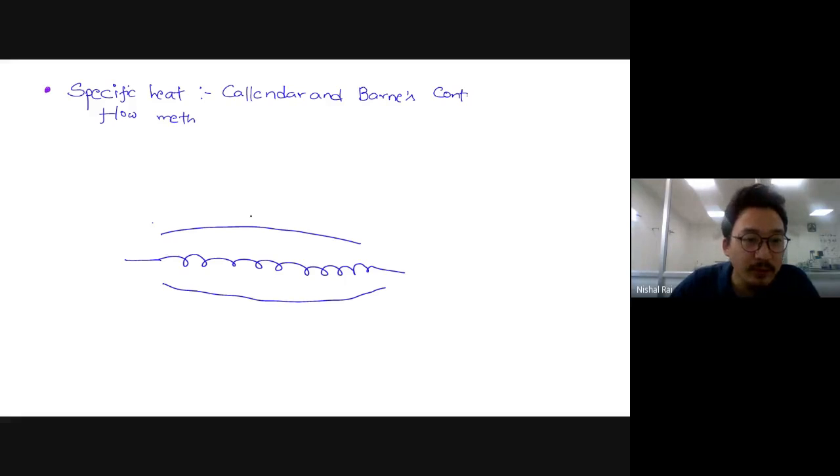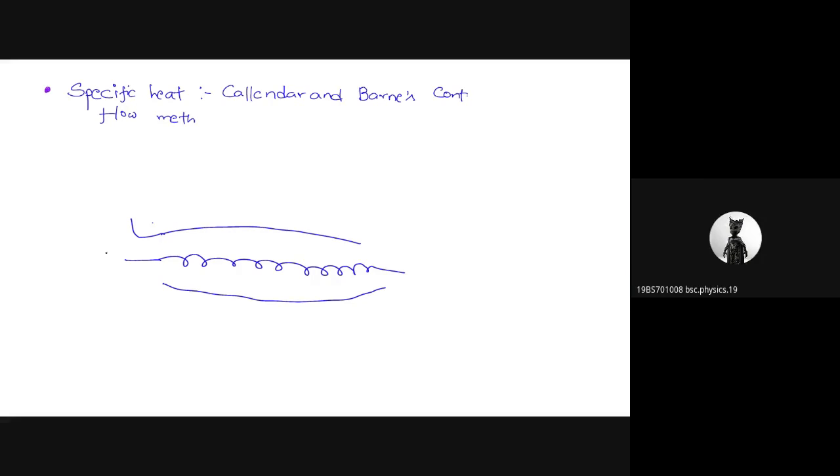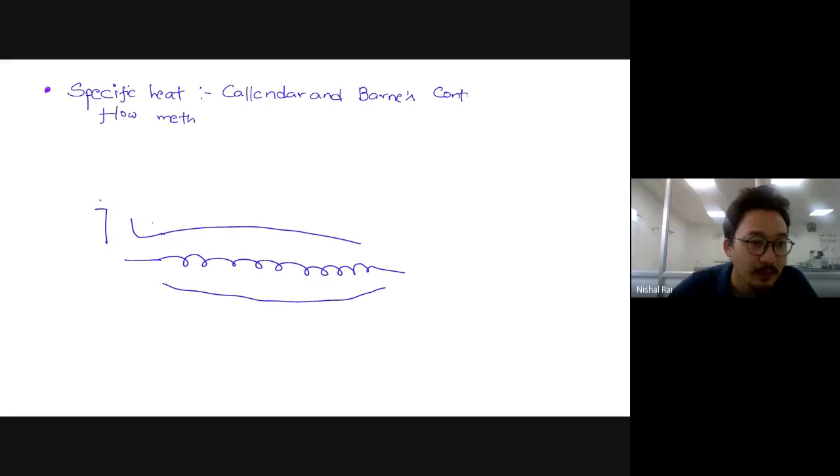Have you seen a water boiler? How is it made?